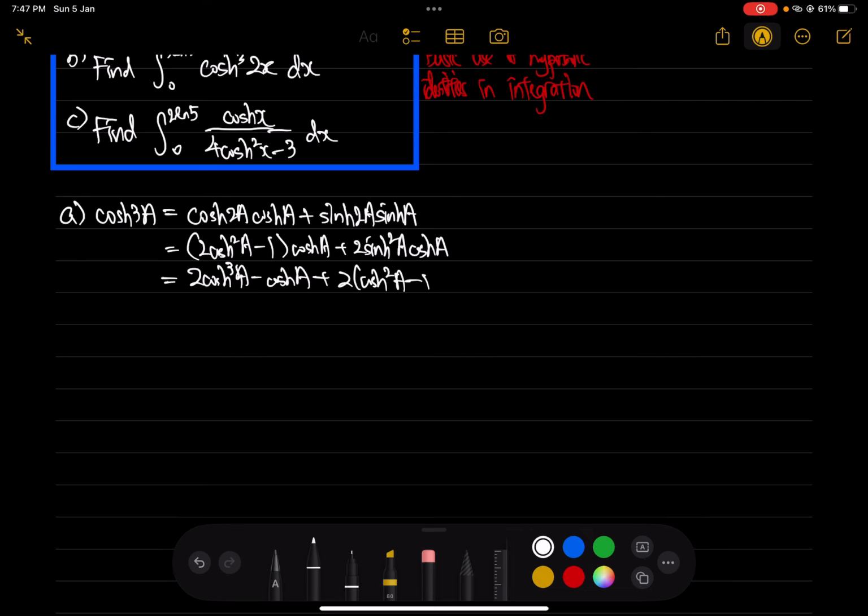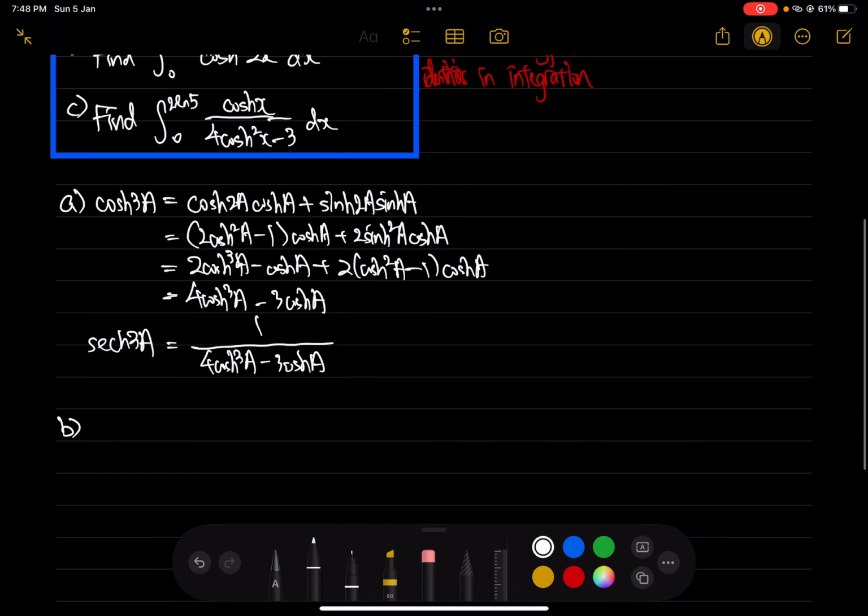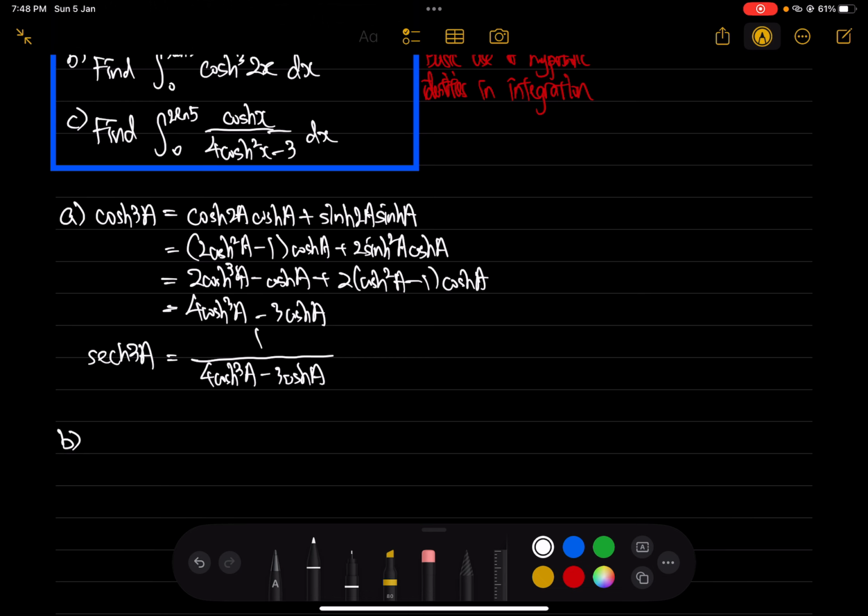Fine. Which means we have the last step, which means 1 over that is just 1 over this, and we have the fraction required. Give that to any year 9, year 10 students, they will be able to do this.